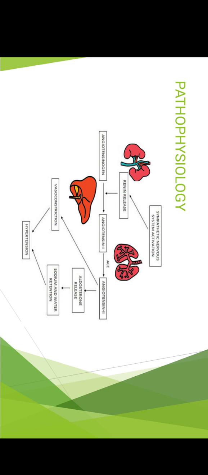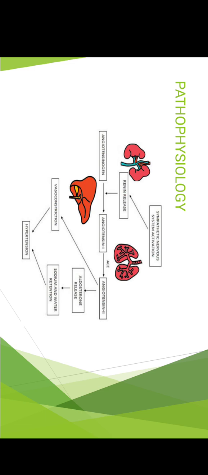When angiotensin 2 is formed, it causes vasoconstriction, causes release of aldosterone, and also stimulates ADH hormone. When vasoconstriction occurs, the blood pressure rises.